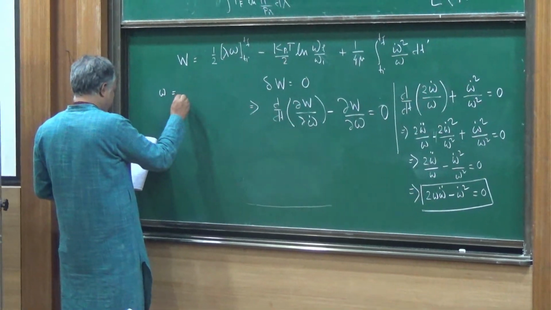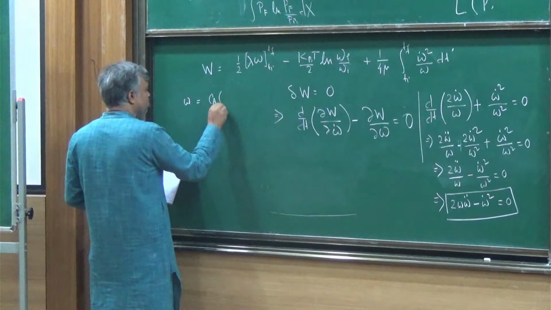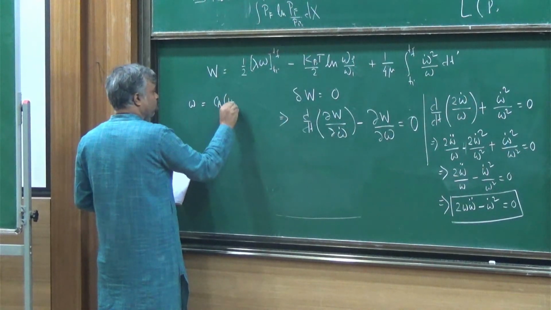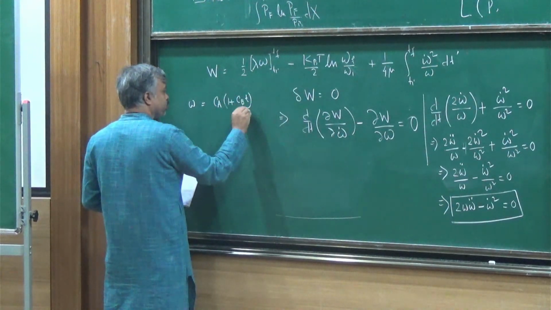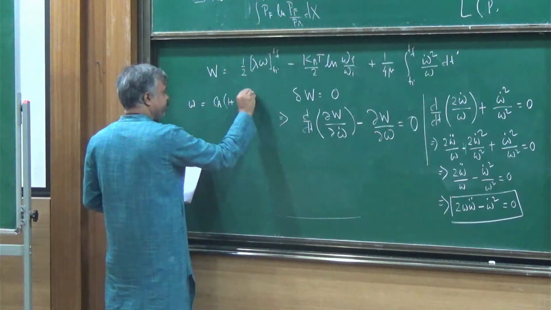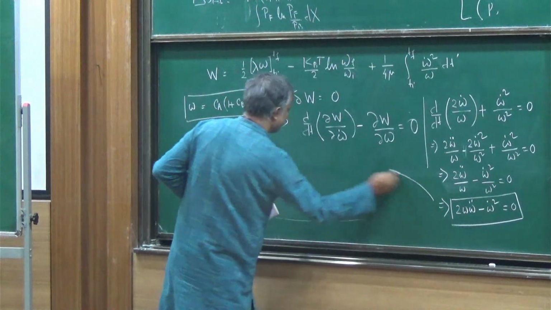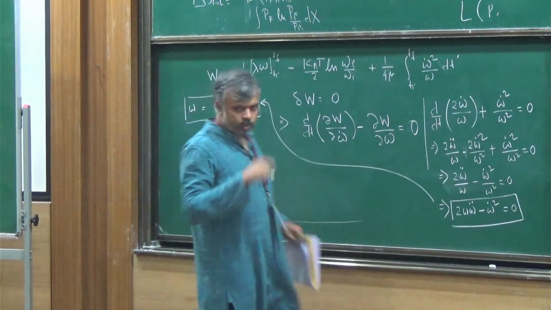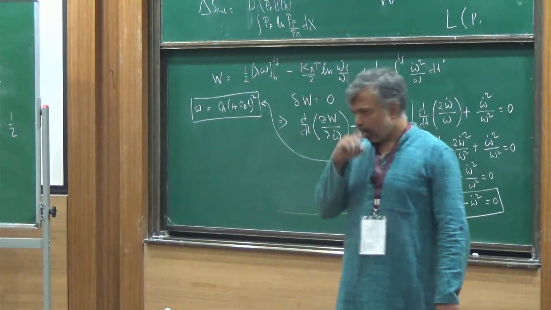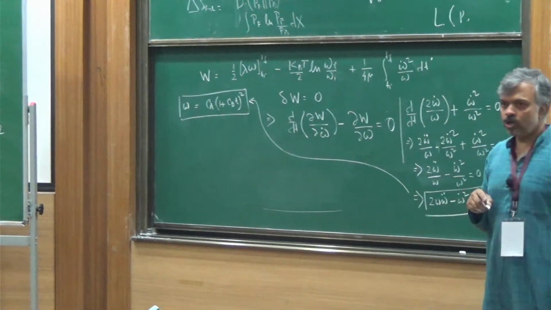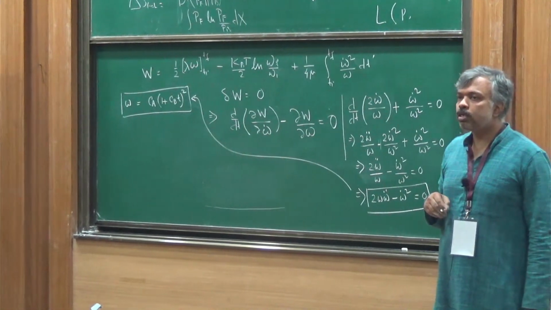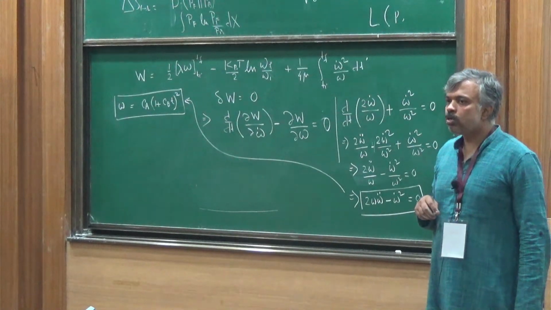Let me write the solution first. So there will be two constants. So this is the solution. So yes, linear, and last time also we wanted to consider this total.